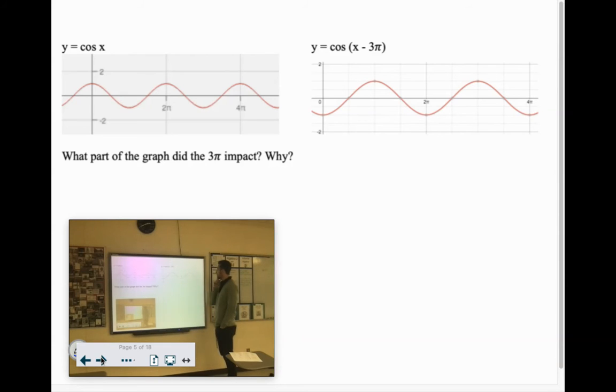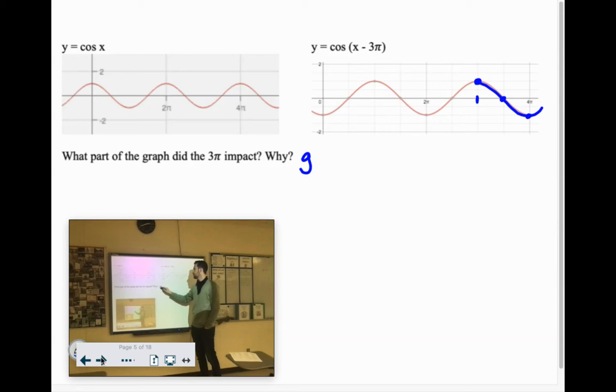So let's take a look at 3 pi-ish. Here's 3 pi. And the graph's at 1. Then it dips to 0 and -1. Oh my gosh. That looks like that's where the graph starts, right? These squiggles go on forever in both directions, but it starts 3 pi to the right. Interesting.